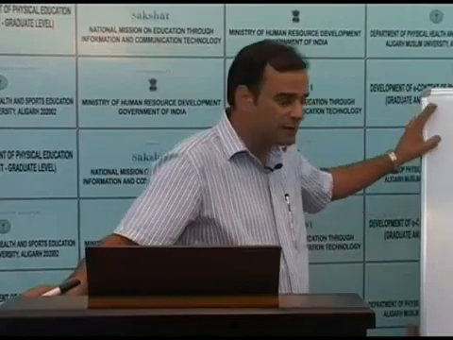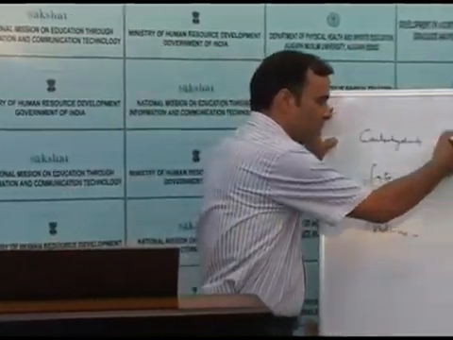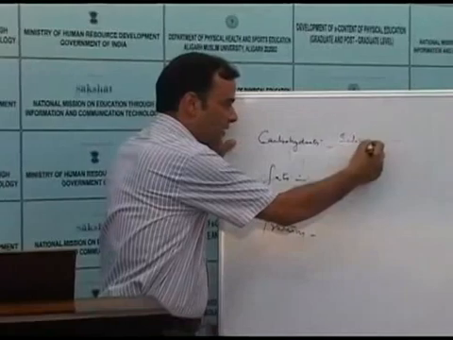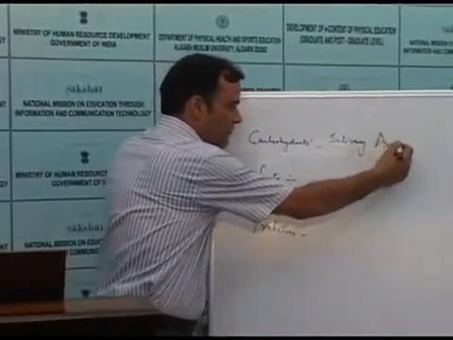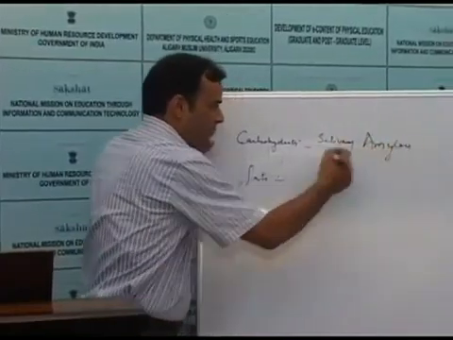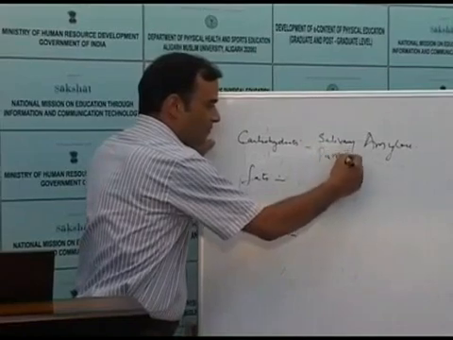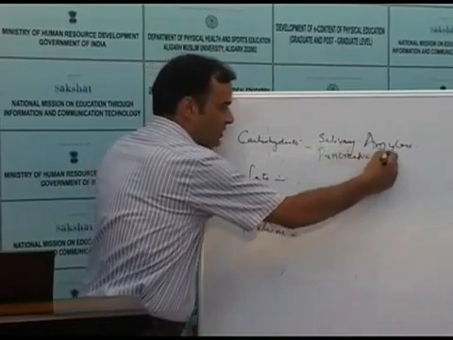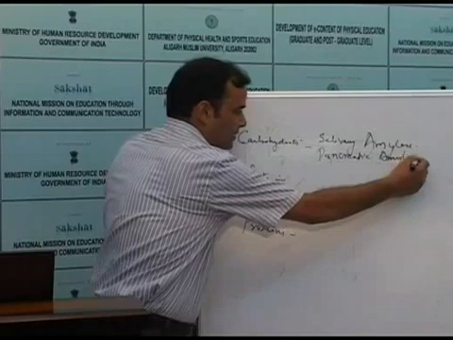For carbohydrates, we have first in saliva, salivary amylase. In pancreas, the enzyme for carbohydrates is pancreatic amylase.